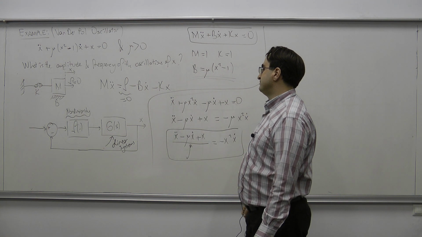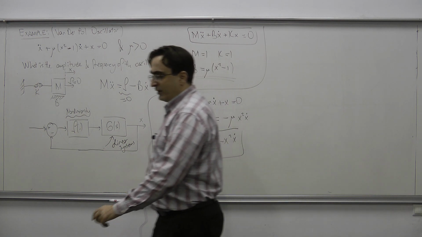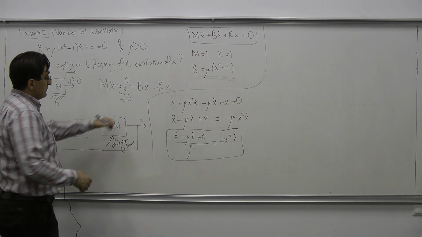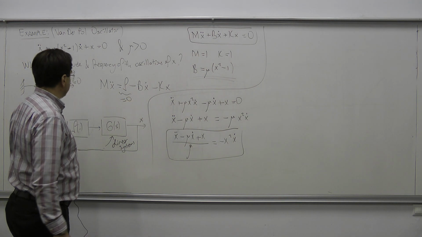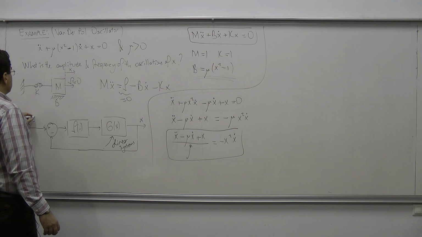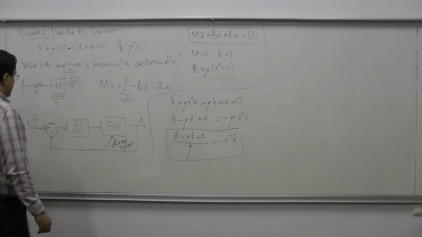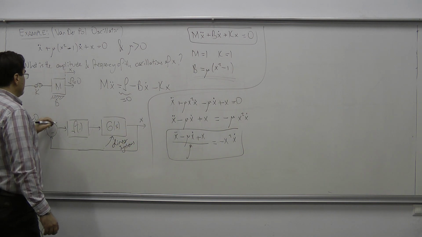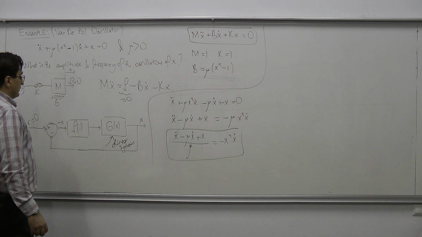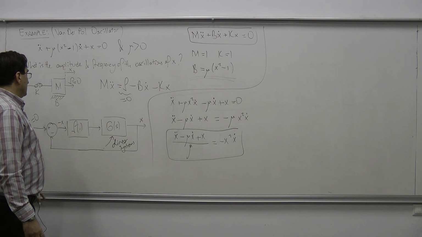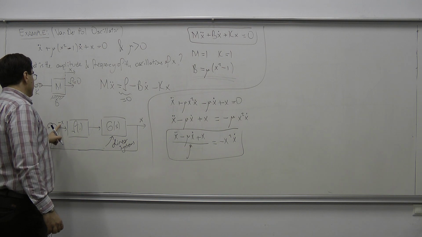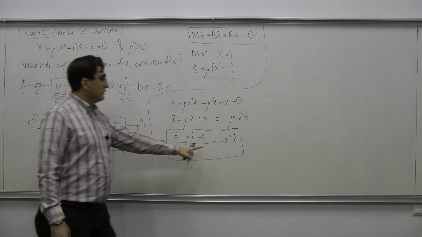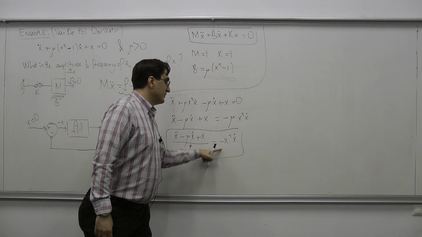So here is what I'm going to do. Suppose that this output variable is just x. I will assume that the reference is 0 here. Then you see that this x signal comes here and it becomes minus x here. I will want f to convert this minus x into this nonlinear part.